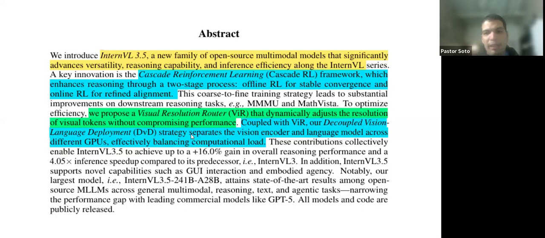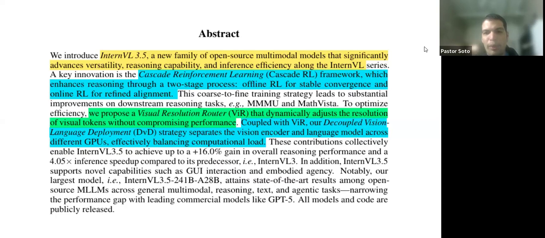I was impressed by this because it's so simple but so effective that you can incorporate it in your workflow on whatever you are doing. It's one of those things that make you think why I didn't think about it, because it's so simple but so effective, and it allows to dynamically adjust the resolution of visual tokens without compromising performance.